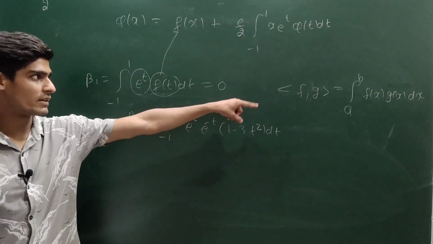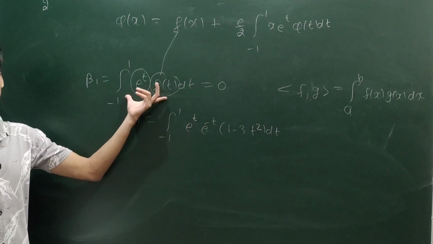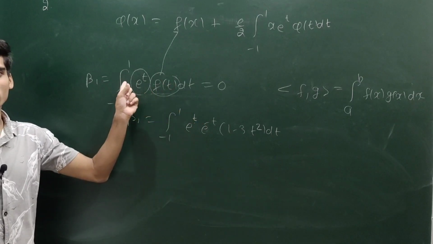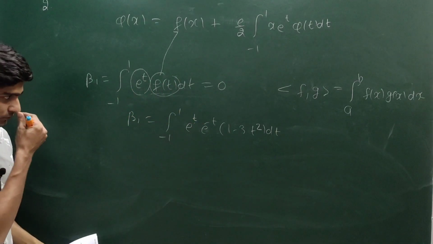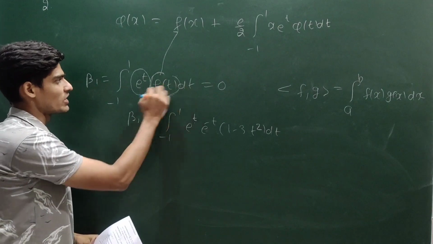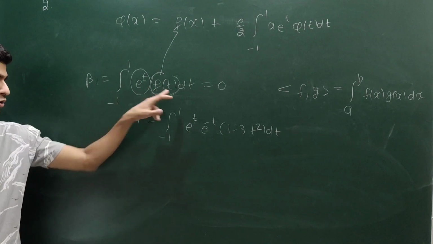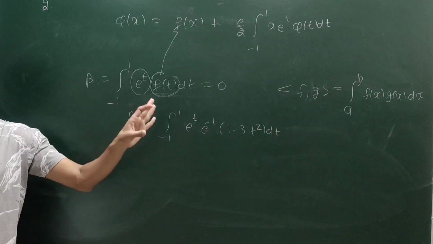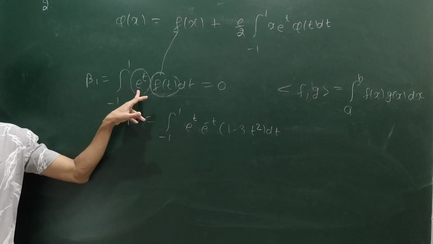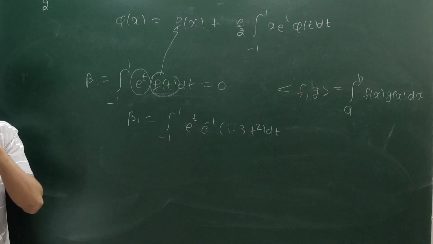So under this inner product, this has to be 0. Your a value is minus 1, b value is 1. So you are seeking those functions which are orthogonal to e power t. If you generally try to find the set of all functions orthogonal to e power t, you may not get it.